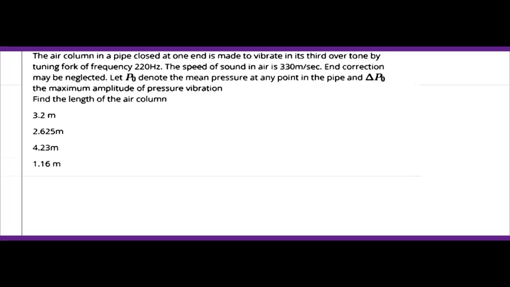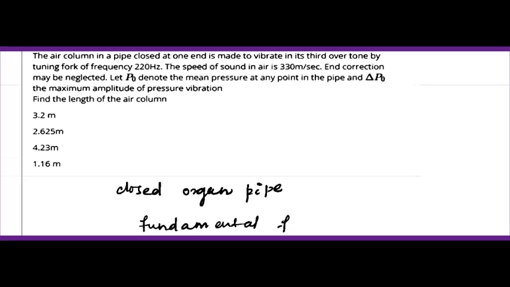So in case of closed organ pipe, the fundamental frequency is V divided by 4L.